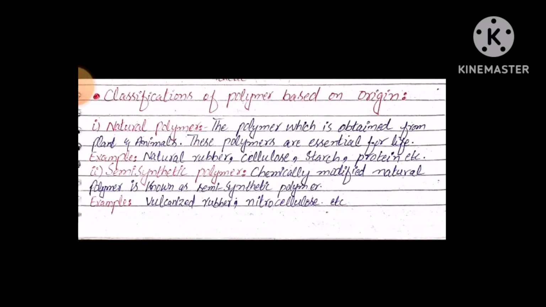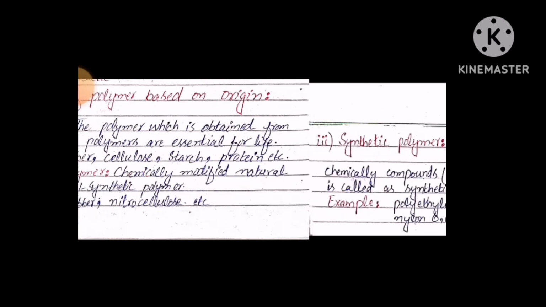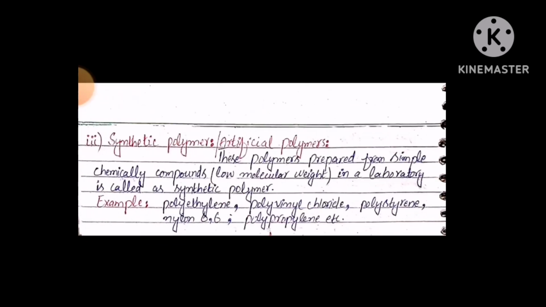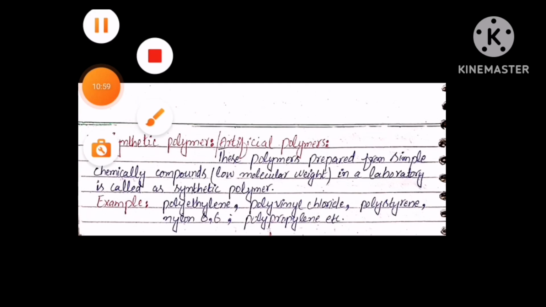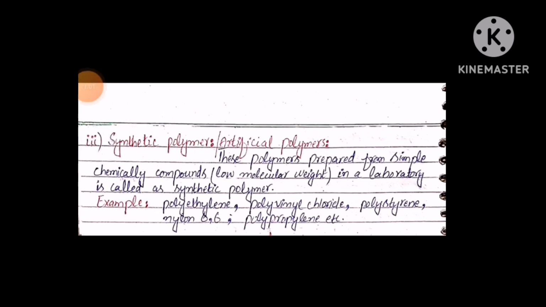And we studied classification based on origin: natural polymer, semi-synthetic polymer and synthetic polymer. This was overall about today's lecture. Hope you get a clear understanding of this topic of classification.